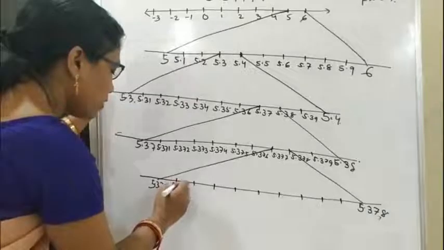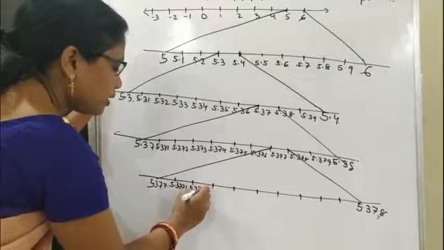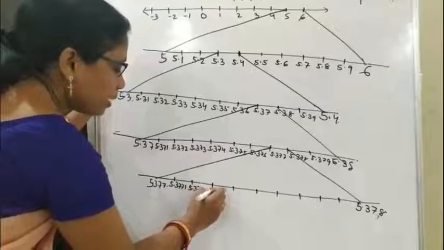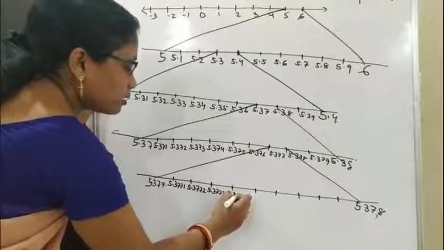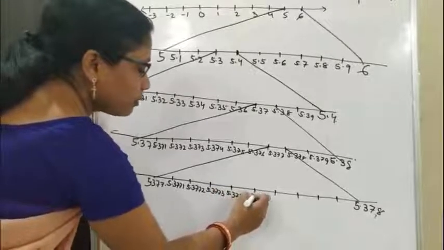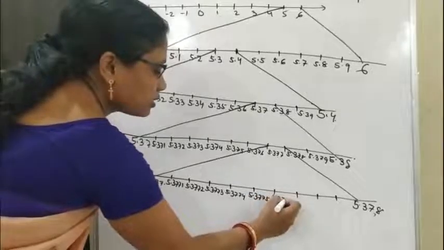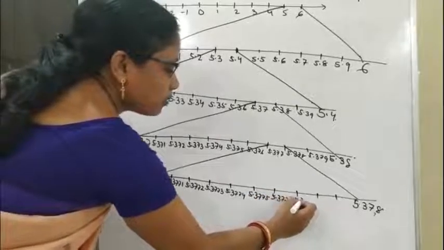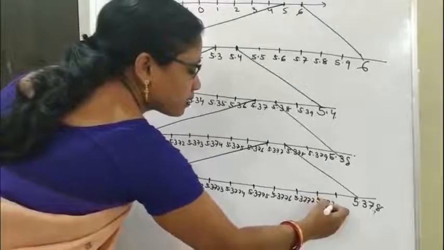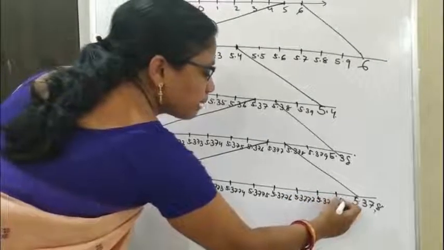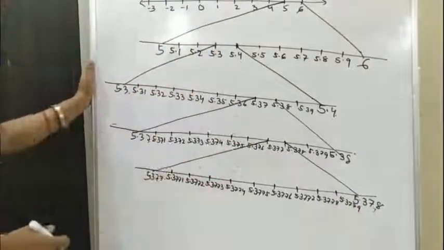So this is 5.3771, 5.3772, 5.3773, 5.3774, 5.3775, 5.3776, 5.3777, 5.3778, 5.3779, then 5.378.